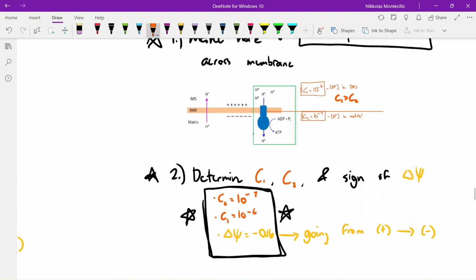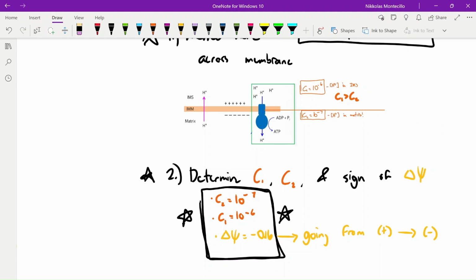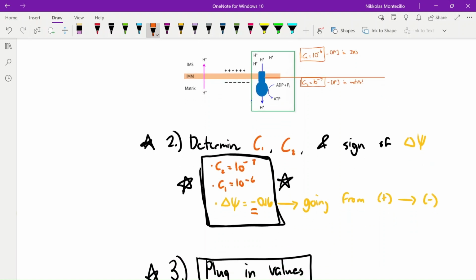Because the hydrogen ions flow from an area of high positivity to low positivity in terms of charge, the transmembrane difference is from positive to negative. So we should apply a negative value here, negative 0.16 volts.